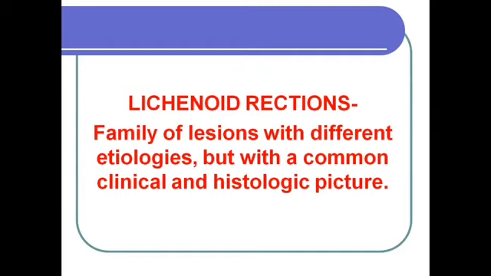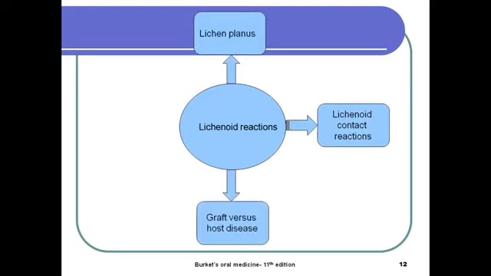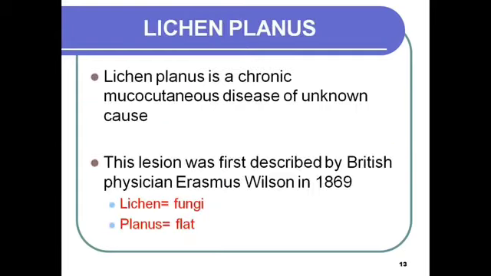And we should study lichenoid reactions. They are a family of lesions with different etiology. So the reason could be different, but the clinical and histologic picture is common. So in lichenoid reactions, we have lichen planus, lichenoid contact reactions, graft versus host disease, and lichenoid drug eruptions.